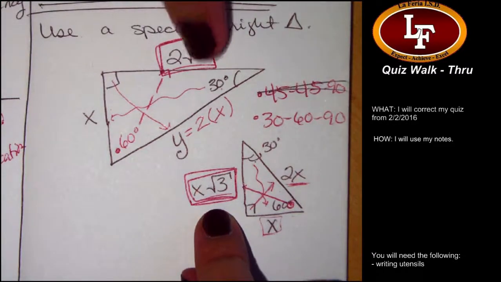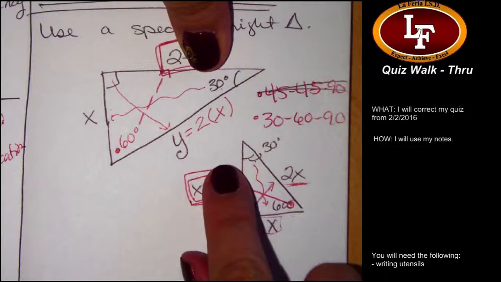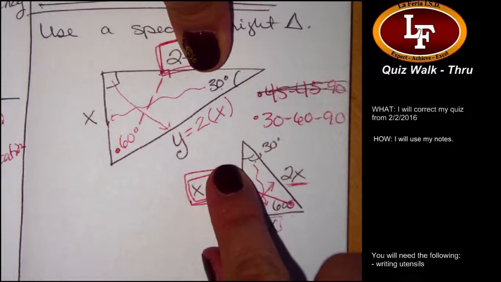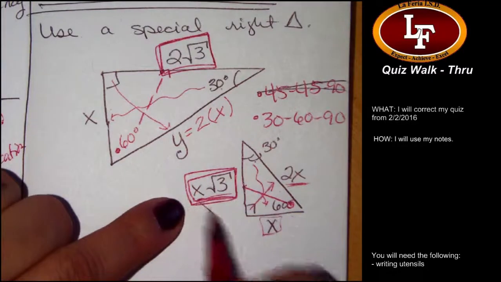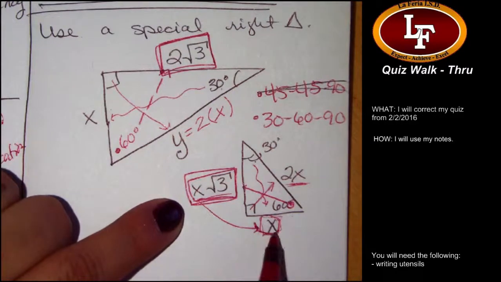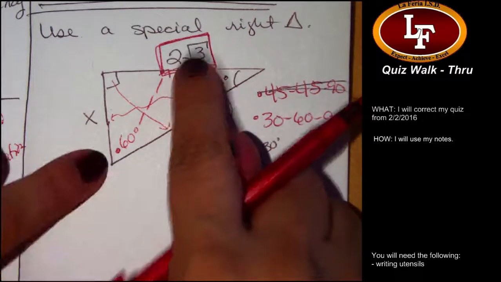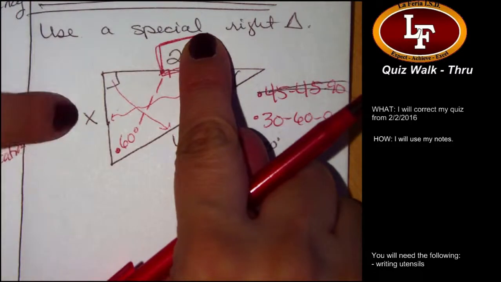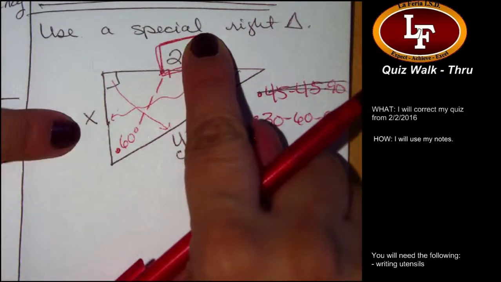In fact, if I cover up the square root of 3 on each one, what value does x have? 2. This x right here is the same as this x here, which means if this number is the same value as this side, then this side's measure is 2.